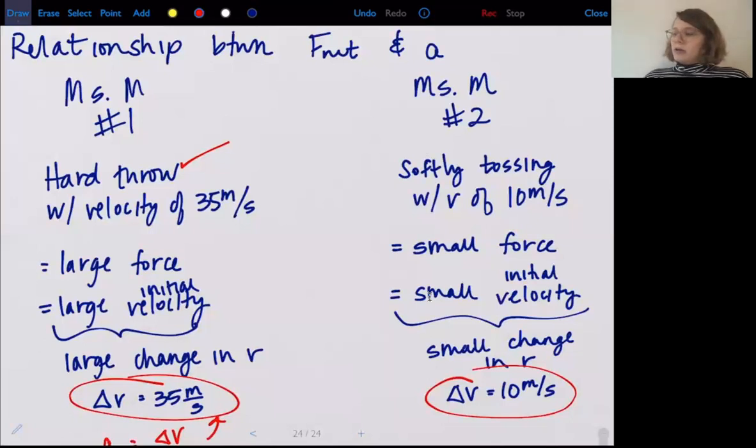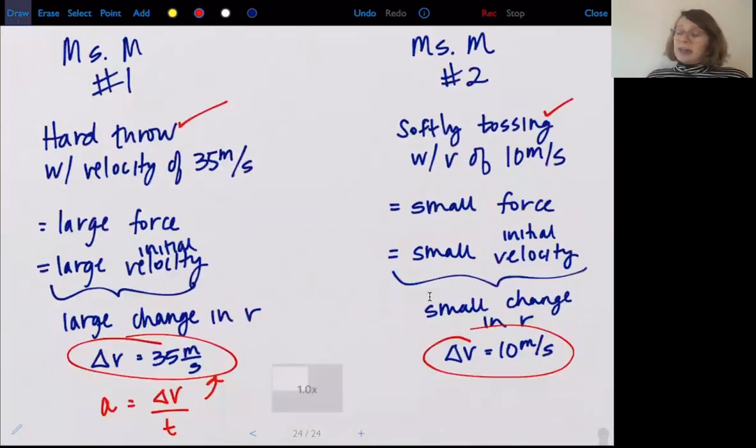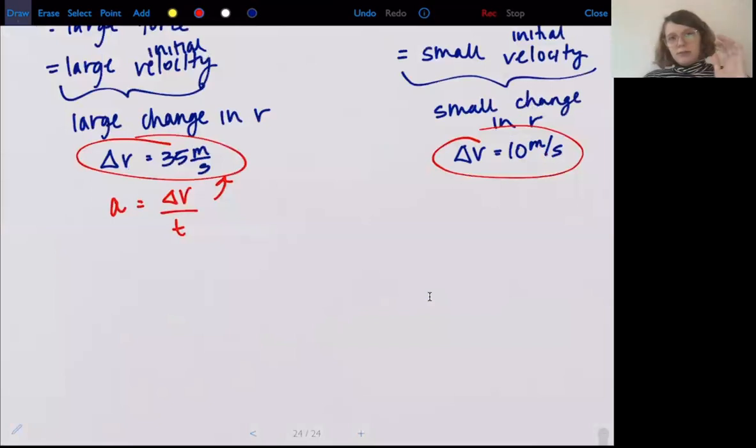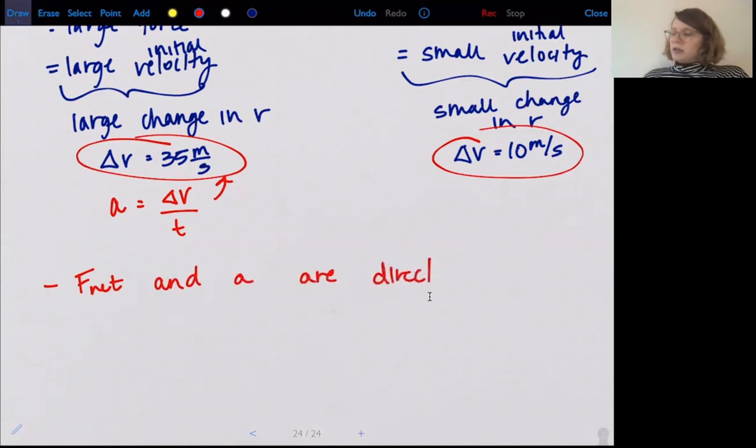When I throw the ball soft or slow, I have a small net force and I have a small acceleration because I have a smaller change in velocity. So from all of this, the takeaway, the important part of all of this, is that net force and acceleration are what we call directly proportional.